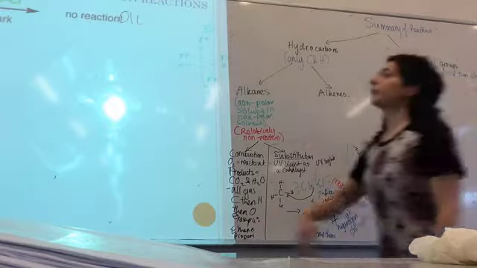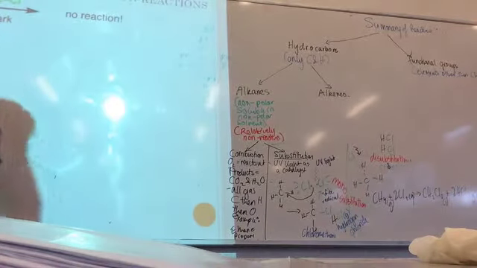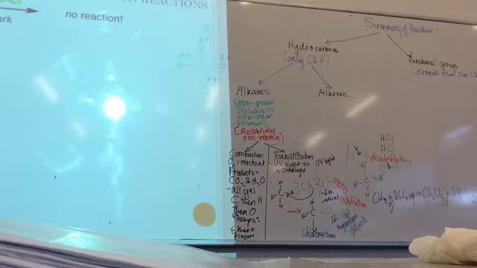Okay, so we'll have a look at a little bit of experimental evidence. If I could use chlorine, I would, but I can't because it's toxic. But what they've found is that if you add chlorine in the dark, you don't get a reaction. If you add chlorine in the presence of UV light, you get a reaction.